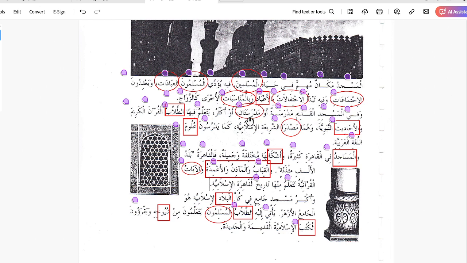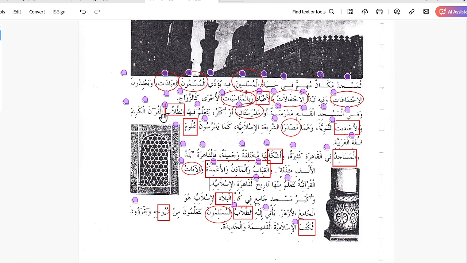Madrasatun is a school, and madrasatani is the dual with ani, in the rafa form because this is coming as a mubtada. Fil-masjidi is the khabar, so the mubtada has to be marfu', so we use the rafa form, which is ani for the dual.